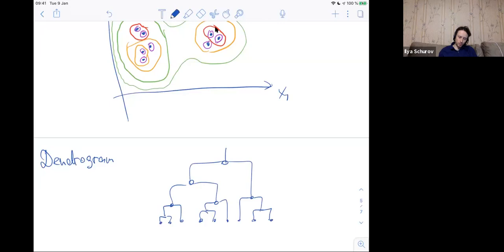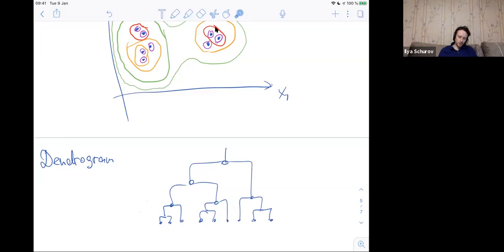It is also possible to interpret the height on this dendrogram. For example, if you see that these 2 points are more or less at the same height, it means that when you increased the distance at which you unite your clusters, these 2 clusters were united at more or less the same level.